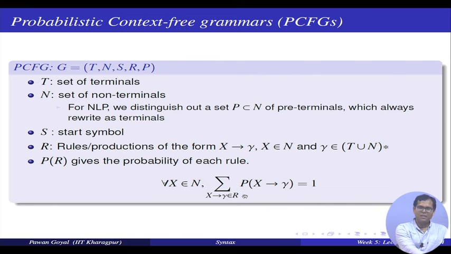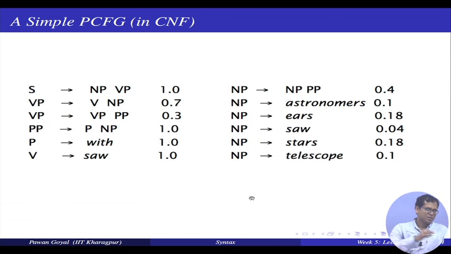So let me give you an example. This is one simple PCFG in Chomsky normal form. So what do you see here? From S, there is only one rule. S goes to NP VP. Because there is only one rule, it has to have a probability of 1.